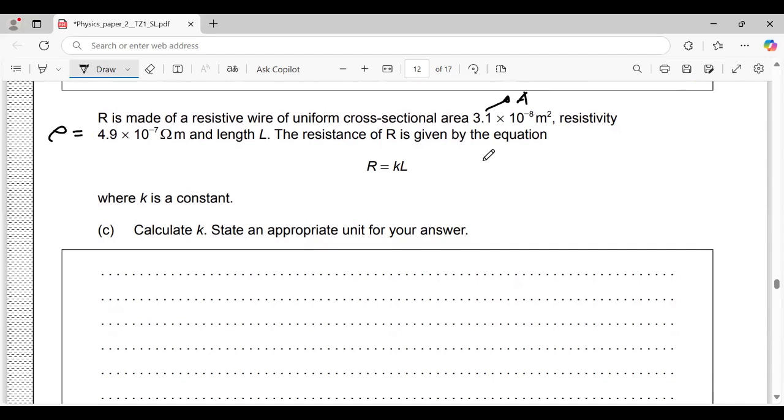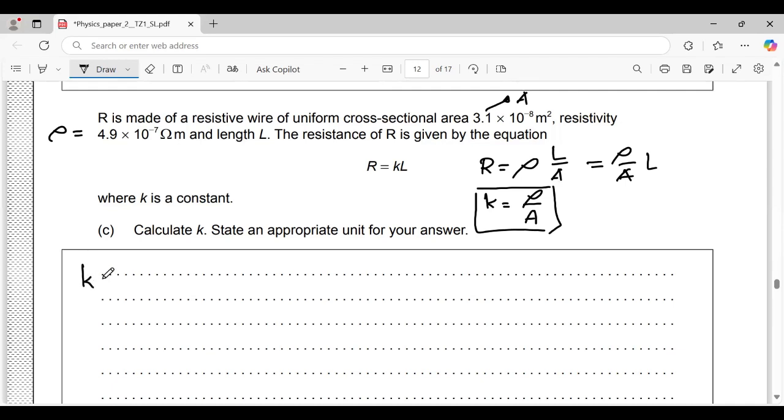Also, I would like to write another formula of R: R equals rho times L over A. We can arrange this formula to become rho over A times L. So K equals rho over A. We're going to use this formula to find K.